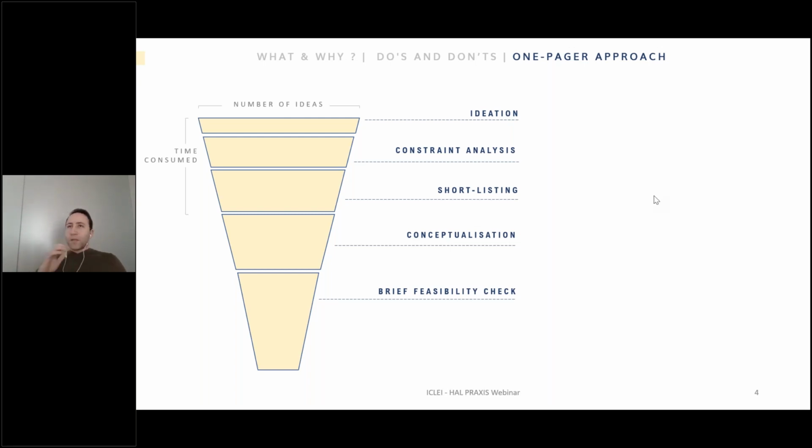Why? One of the causes why feasibility studies take so long and end up being ineffective in many contexts is that we follow a structure which is not really matching the reality, the nature of the project.